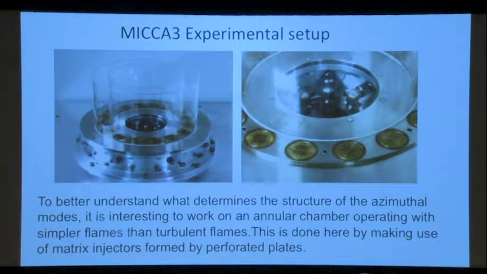Instead of having a turbulent flame, instead of having the dynamics of these swirling turbulent flames, you have just conical flames. And of course, we know very well these conical flames. We have studied that previously. You've seen some of these results. So we make the problem simpler, and we have these matrix injectors.